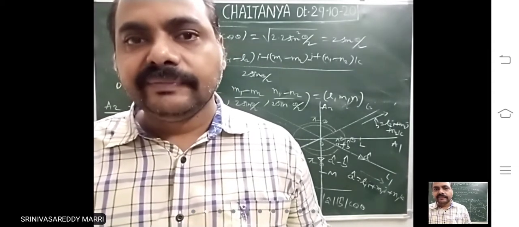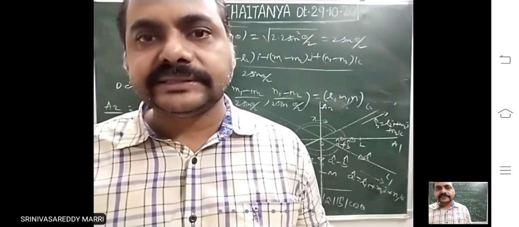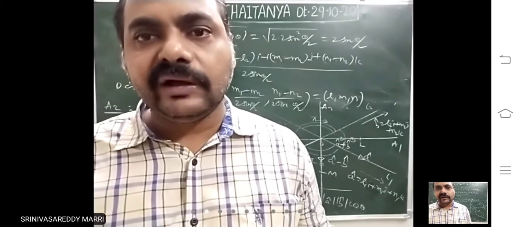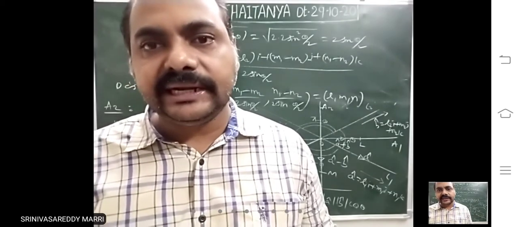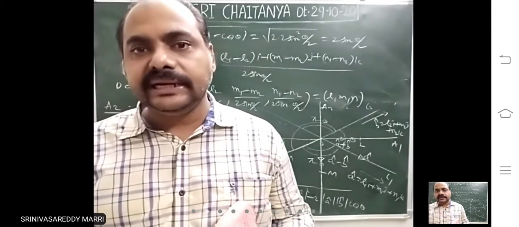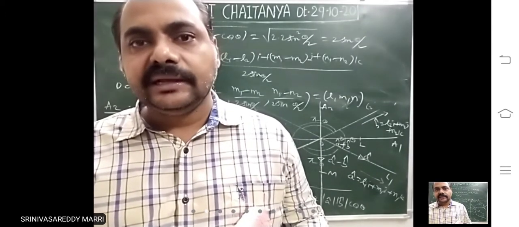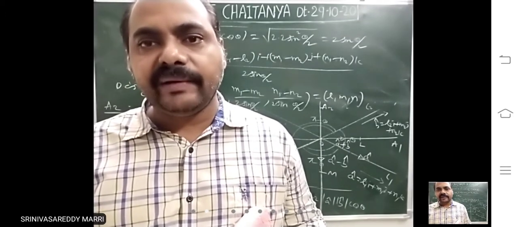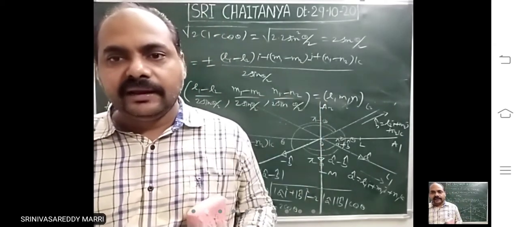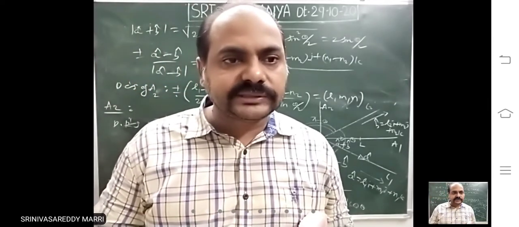DCs, for angular bisector 1: plus or minus L1 plus L2 divided by 2 cos theta by 2, M1 plus M2 divided by 2 cos theta by 2, N1 plus N2 divided by 2 cos theta by 2. For angular bisector 2: plus or minus L1 minus L2 divided by 2 sin theta by 2, M1 minus M2 divided by 2 sin theta by 2, N1 minus N2 divided by 2 sin theta by 2.